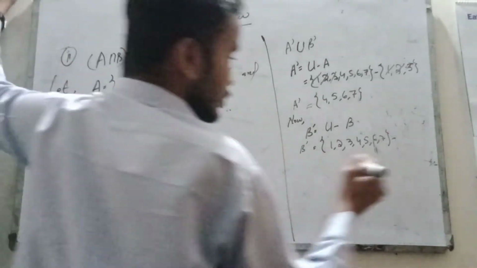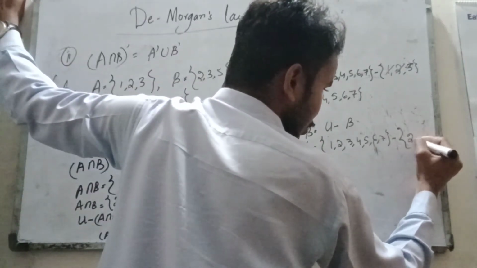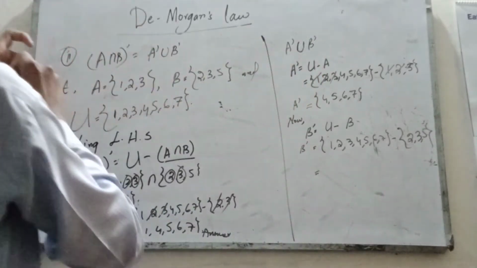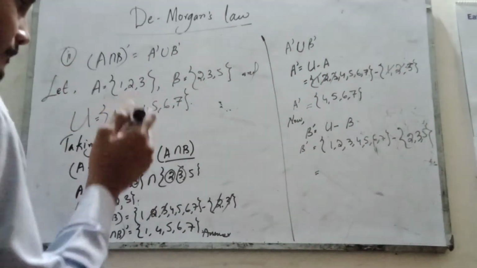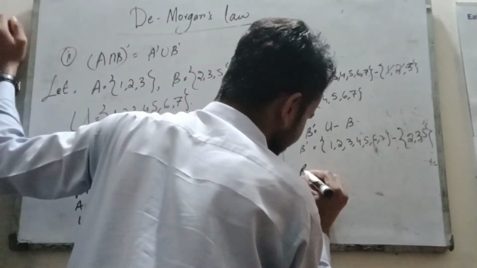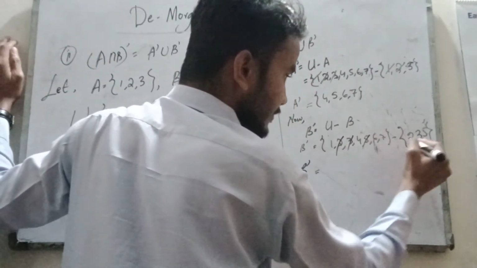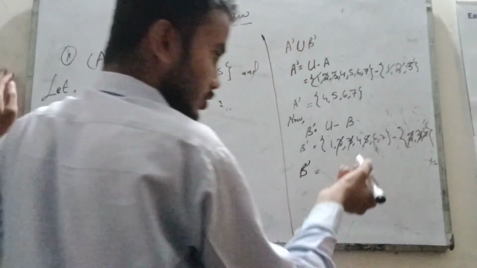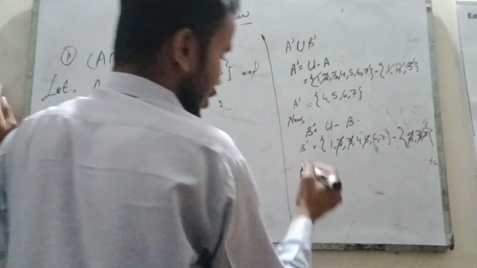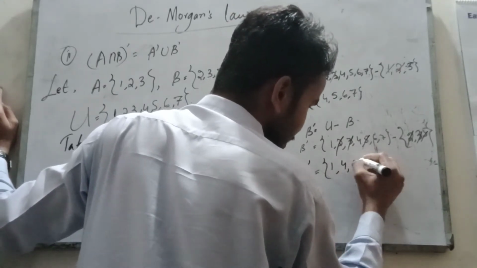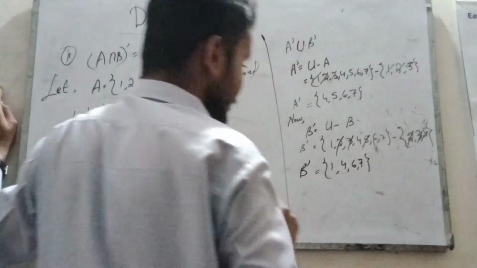Set B is equal to 2 3 and 5. So B complement is equal to 2 3 5 removed because these are the common. So common will be removed in the complement, remaining 1, 4, 6 and 7.